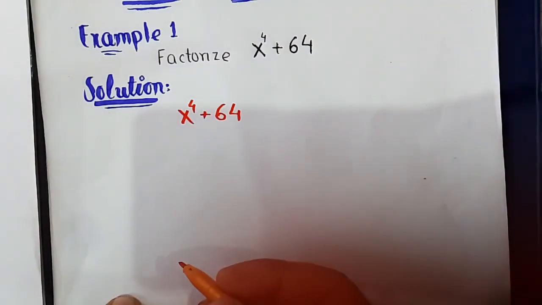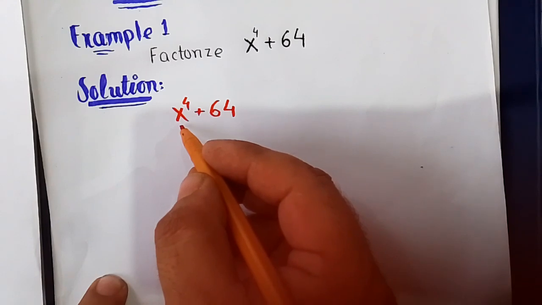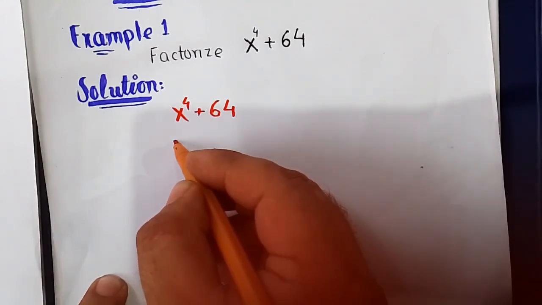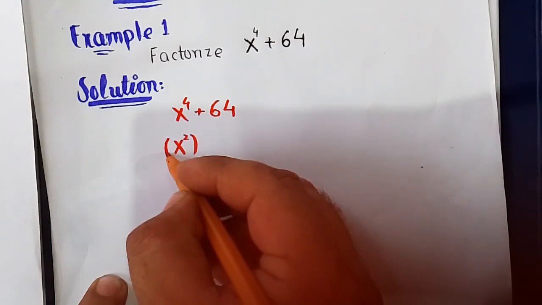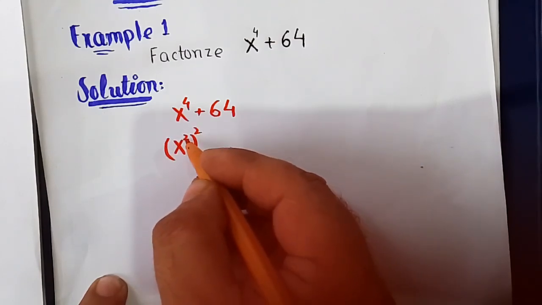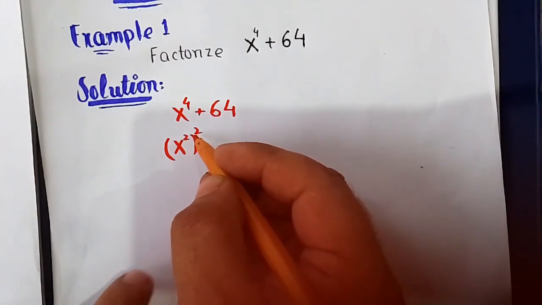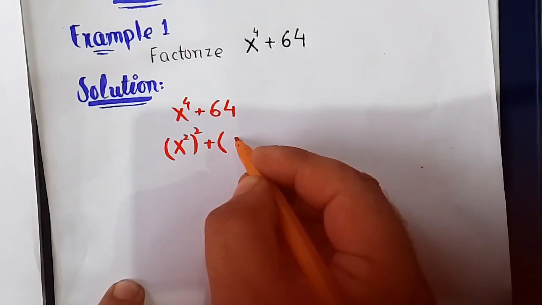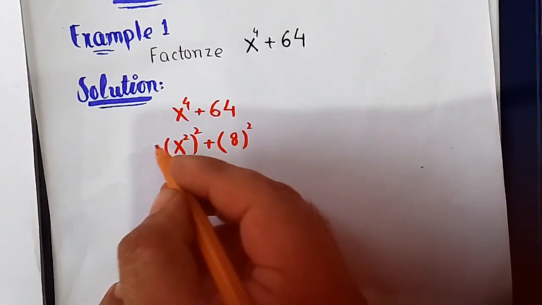In the second step, we will write x power 4 in square form. x power 4 can be written as x square whole square, because 2 power 2 is 4, and 64 can be written as the square of 8, so it will become 8 square.